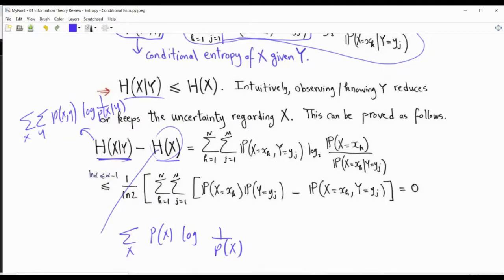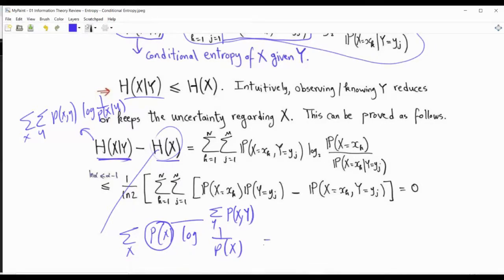The trick to combine these two sums into a single sum is to rewrite the PMF of x using the joint. We know from the law of total probability that the PMF of x is the summation over y of the joint of x and y.